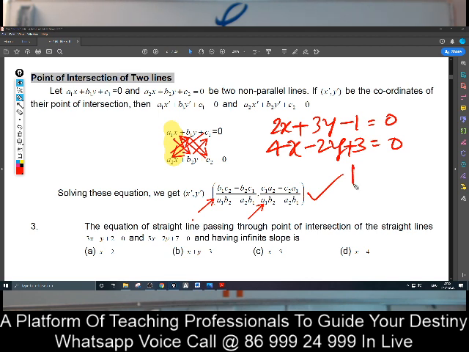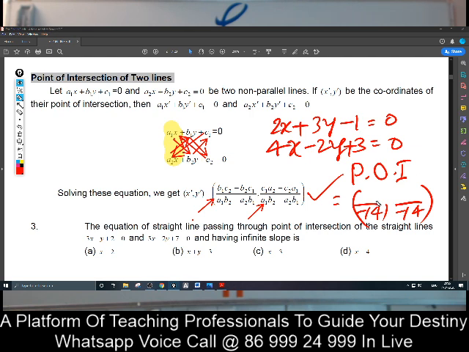If you want the point of intersection in this case, it is a straight one-step answer like this. Close the constants and cross multiply this for the denominator: minus 4, minus 12, minus 14.